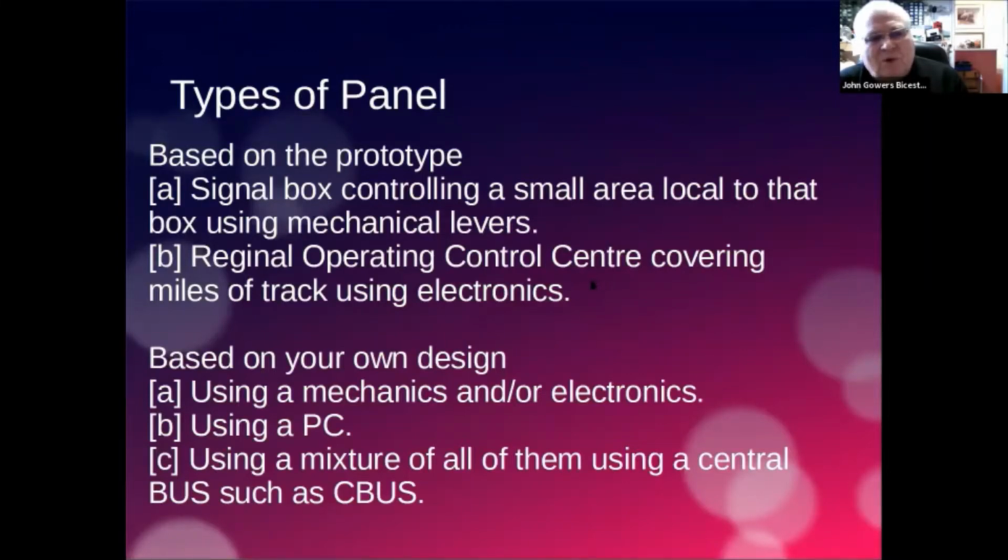And then more recently, they've got these big operational centres which cover many miles of track, effectively electronically. In the signal box, a lot of the control was manual. They did have a few electric ones if a signal was a long way away, but mostly mechanical. And then the regional ones, which are primarily electronic.